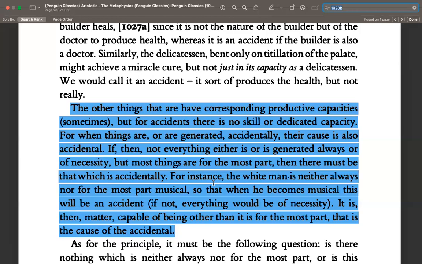If then, not everything either is or is generated always or of necessity, but most things are for the most part, then there must be that which is accidentally. For instance, the white man is neither always nor for the most part musical, so that when he becomes musical, this will be an accident. If not, everything would be of necessity. It is then matter, capable of being other than it is for the most part, that is the cause of the accident.